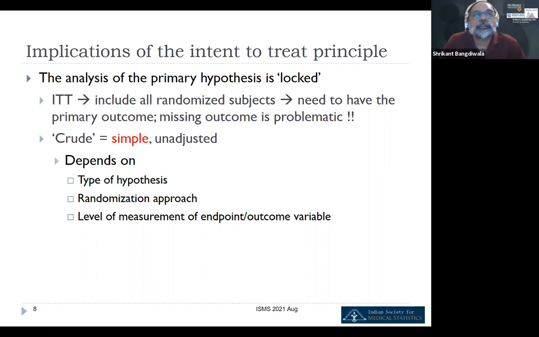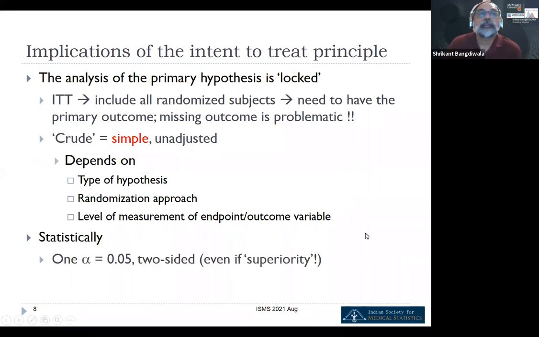But the other implication is that the analysis is what we call a crude analysis or unadjusted simple analysis that only depends on what type of hypothesis you had, what was your randomization approach, and what type of outcome variable do you have. So statistically, a clinical trial has only one permitted two-sided test, okay, and usually at the alpha of 0.05.